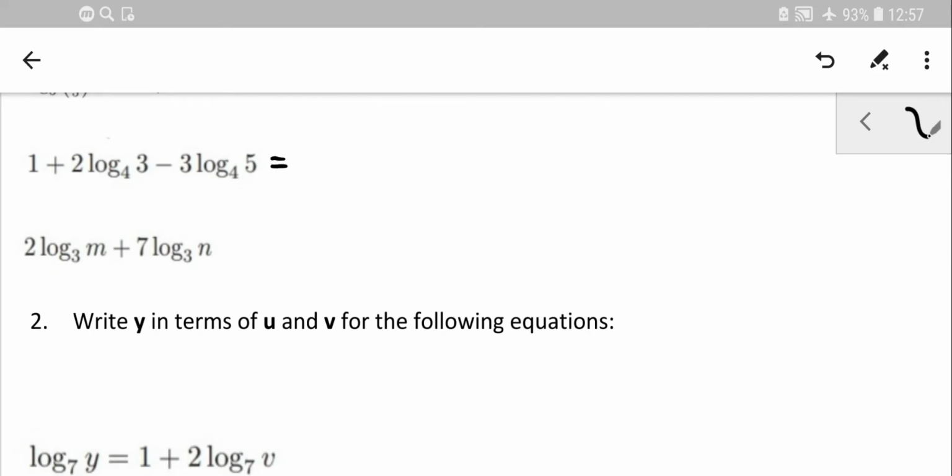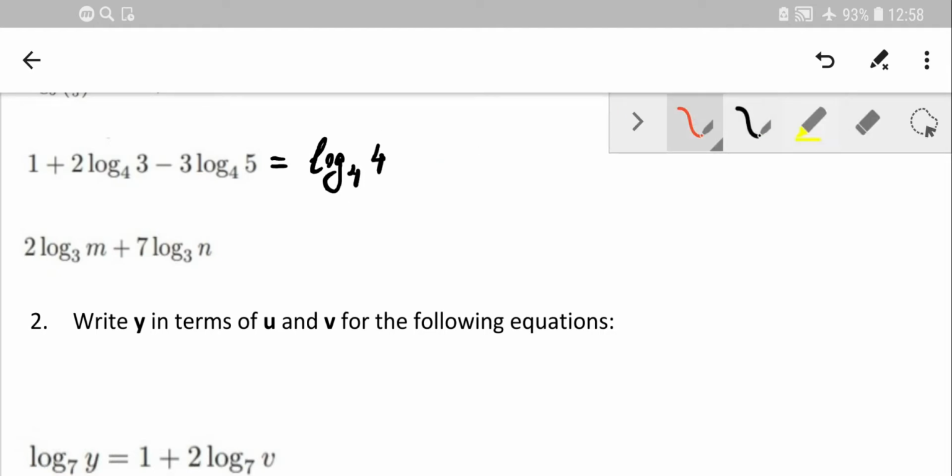And now we go back to the rules for logarithms. So first rule: I can represent 1 as log base 4 of 4. We do that because 4 to the power x equals 4 means 4 to the power 1 equals 4, so that's simply 1.